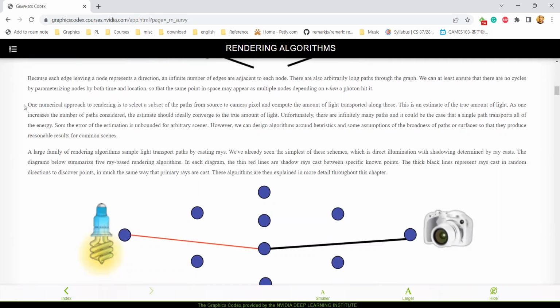One numerical approach to rendering is to select a subset of paths from source to camera pixel and compute the amount of light transported along these. Yeah, we cannot do infinite, so we can only select a subset. This is an estimation of the true amount of light. As one increases the number of paths considered, the estimate should ideally converge to the true amount of light.